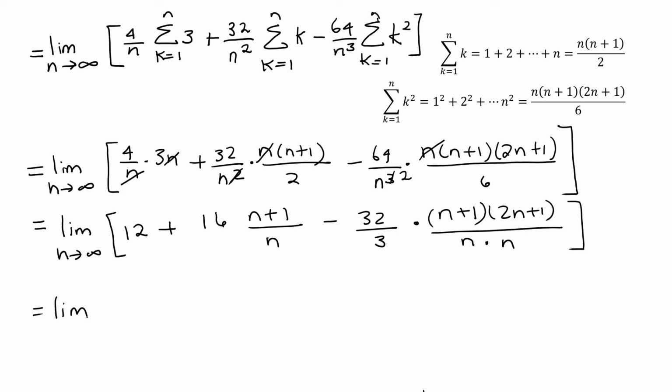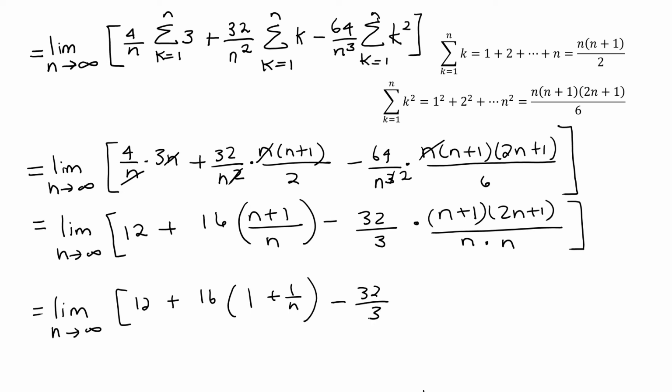The limit as n goes to infinity. 12 plus 16, we can do term by term division for n plus 1 divided by n. That would be 1 plus 1 over n minus 32 thirds. Let's do term by term division again. N plus 1 divided by n, we can write that as 1 plus 1 over n.